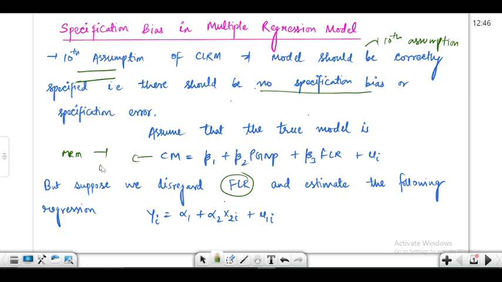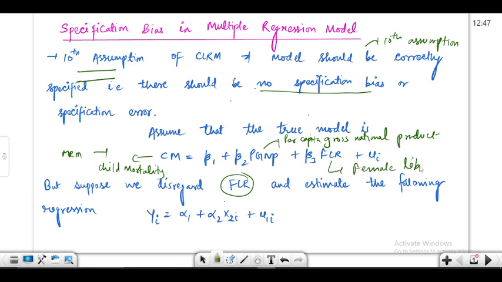This is basically child mortality, which is a function of PGNP, per capita gross national product, and FLR, the female literacy rate.